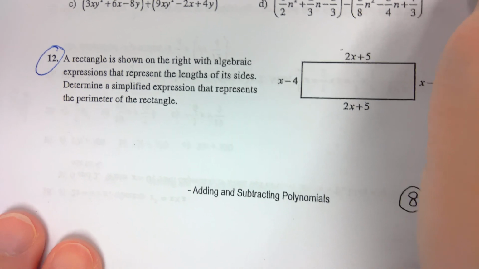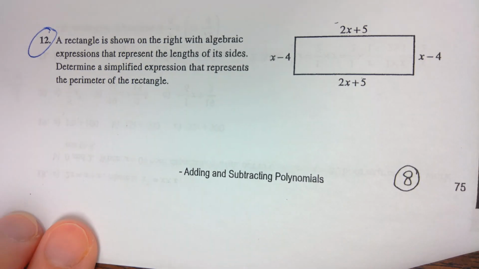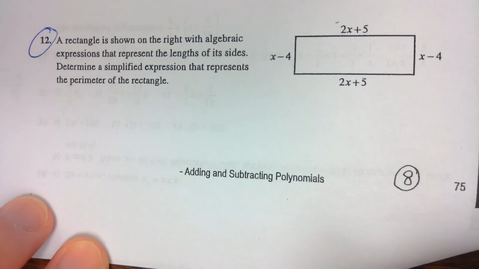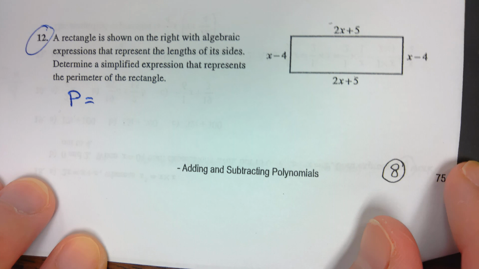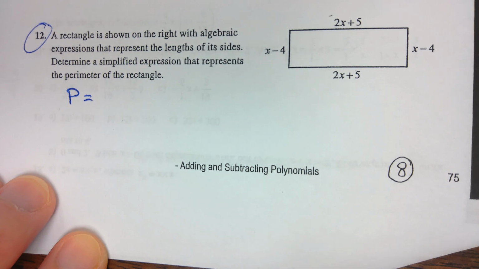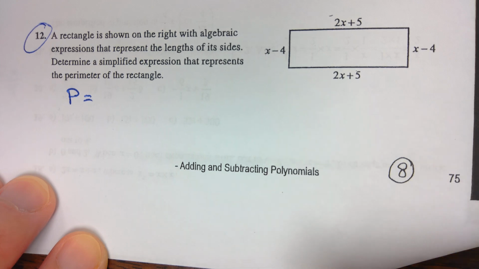Yeah. All right. So if I were to just do an expression for this, okay, for the perimeter, Tensi, since I have your attention, how would I write out the perimeter for this one? 3 multiplied by x minus 4 plus 2x plus 5. Okay, good.